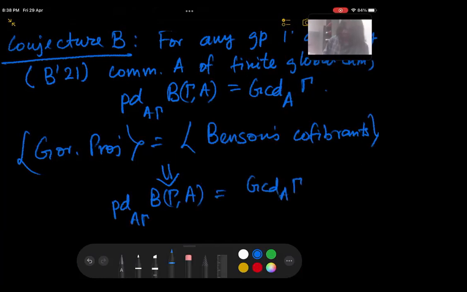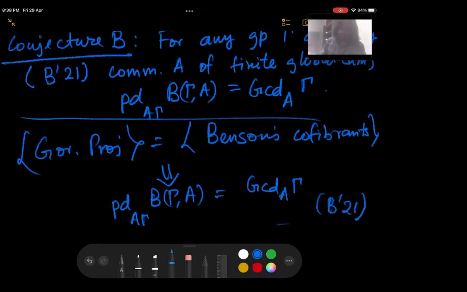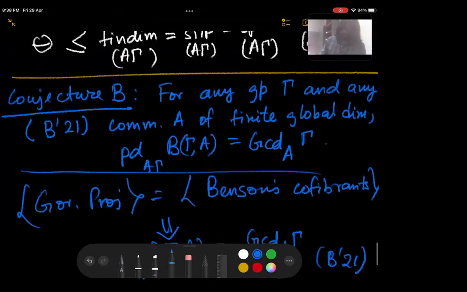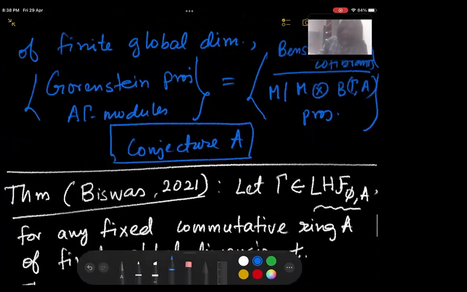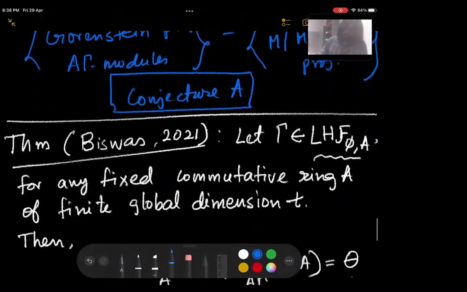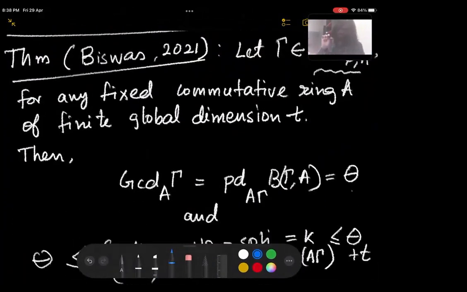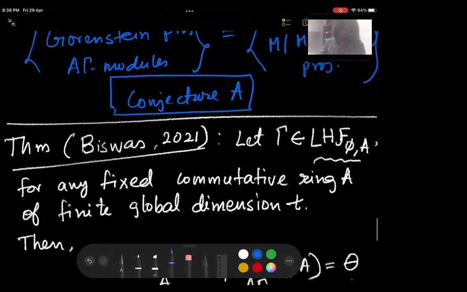I guess I should call this a result, but this is really not that difficult to prove. So that is why this conjecture is useful, because I was able to prove, building on some work that had already been done, that conjecture A holds for groups here.